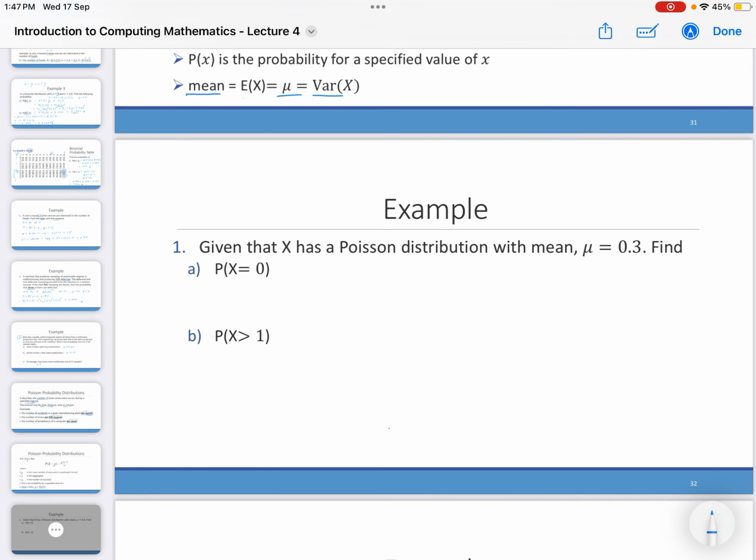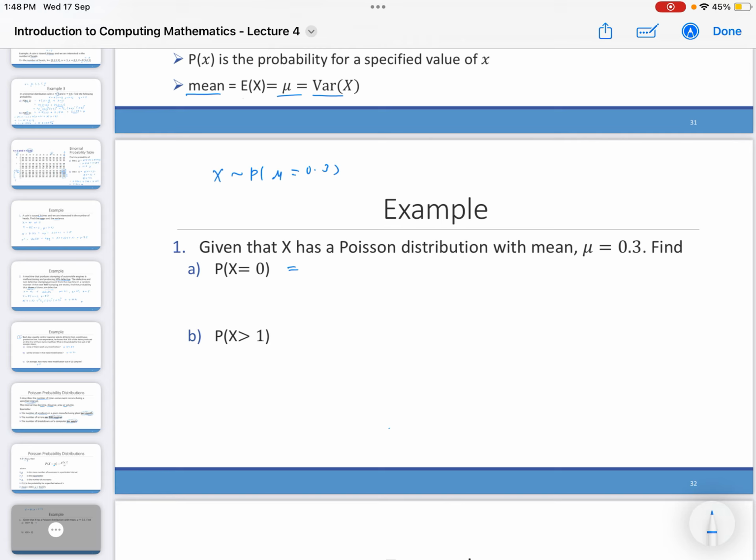Okay, let's look at an example. Given that X has a Poisson distribution with mean 0.3, mu equals 0.3. Find the probability of X equals 0.